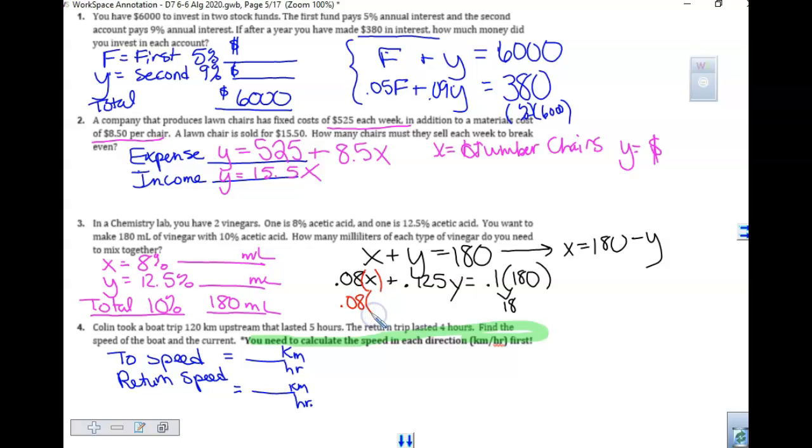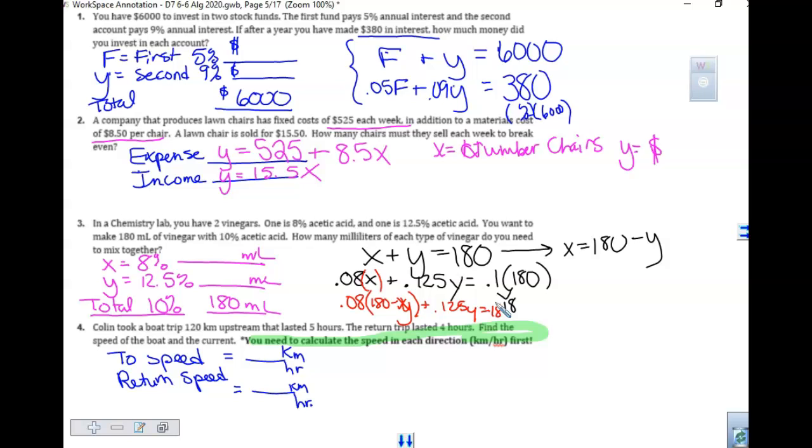I give you these 2 equations and say solve it now, right? The first page of the test is just you writing all of these equations, like 4 of them, okay? 0.08, we're going to have times 180 minus y plus 0.125y equals 18.